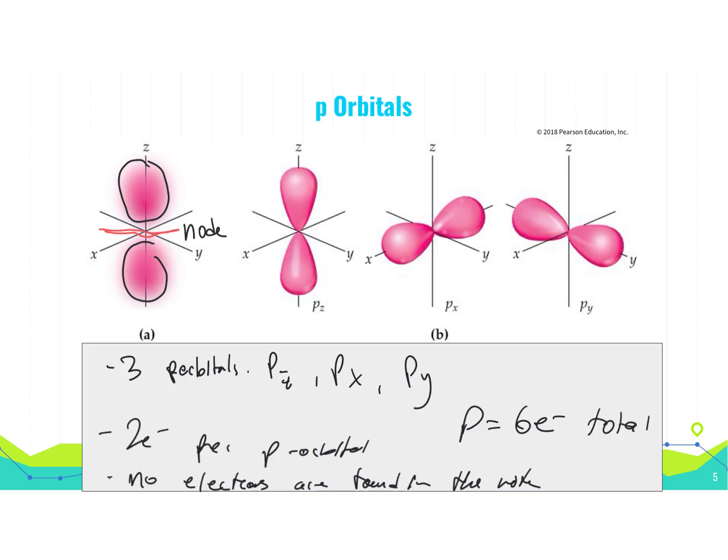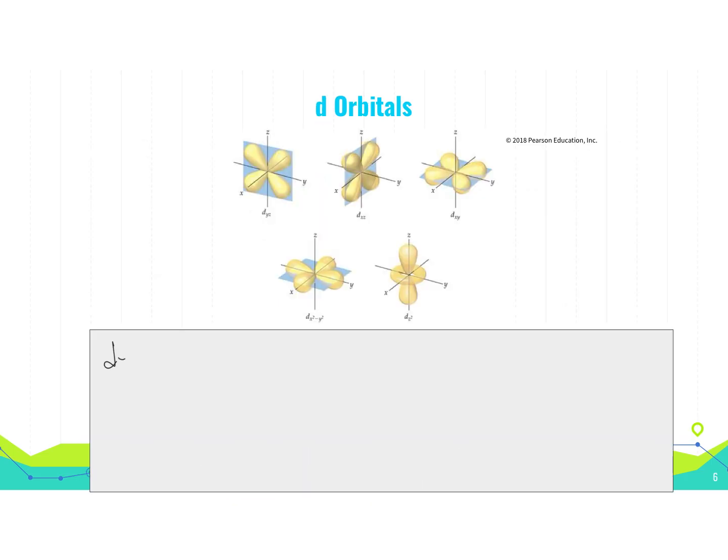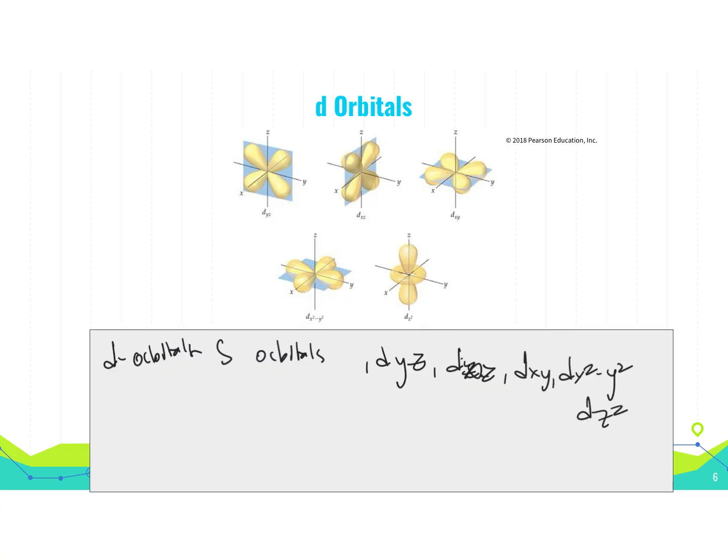Next, we have our d orbitals. As you can see here, there are 5 orbitals, and these have a kind of clover shape. They're called dyz, dxz, dxy, dx squared minus y squared, and dz squared.